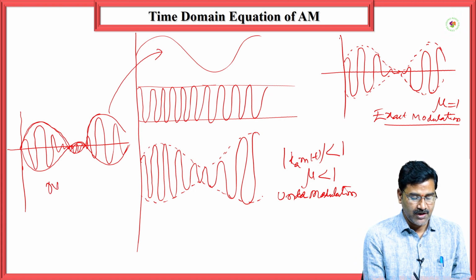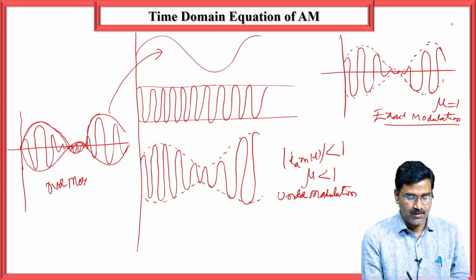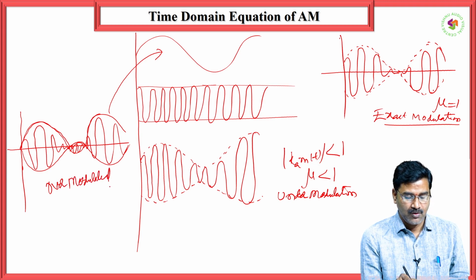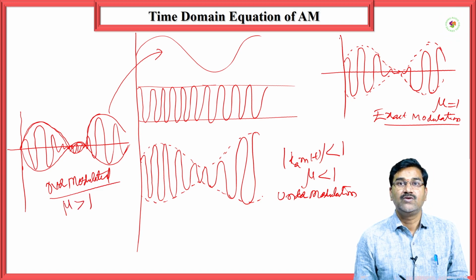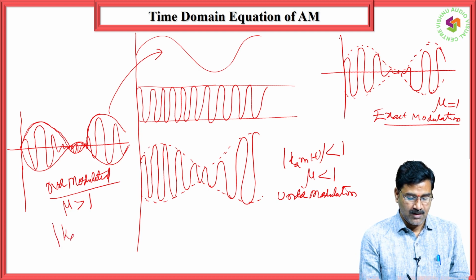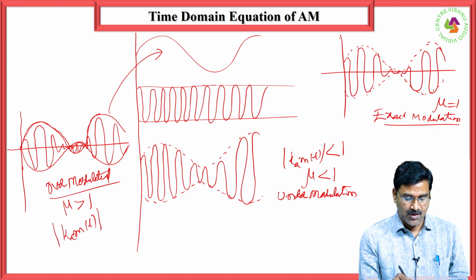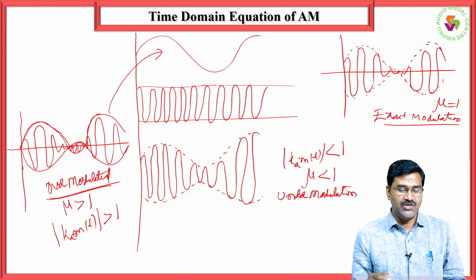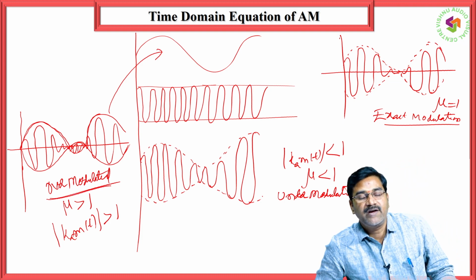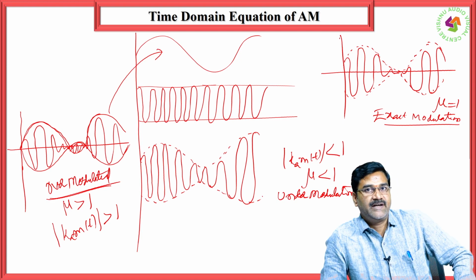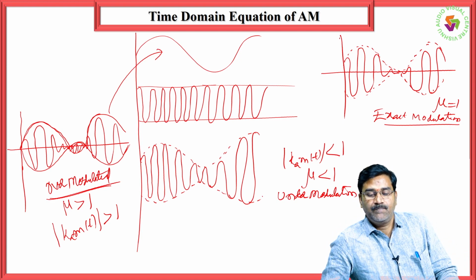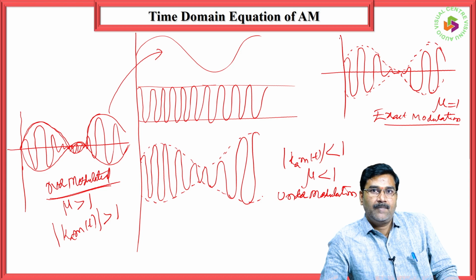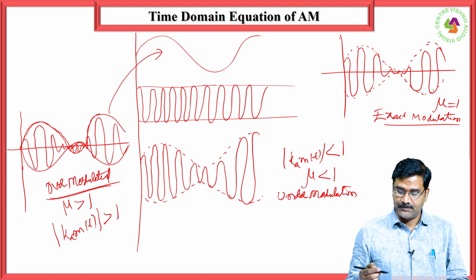This situation we call over modulated. In over modulated signals, the mu value is greater than 1, or else |Km(t)| is greater than 1. These over modulated signals cannot be detected by envelope detectors. That we will discuss in detail in the next sections, right?